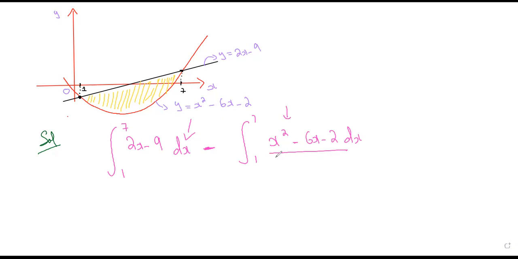You can do this question in multiple ways. As I told you earlier, you can first find this area, then this area, then this area, but that would take too much time. So there's no point in wasting your time in all these calculations. It's good that we do it directly, and this is the direct approach which we can use in all questions of this type.